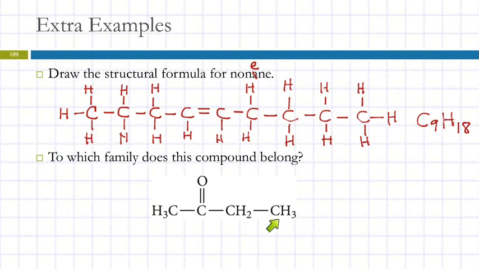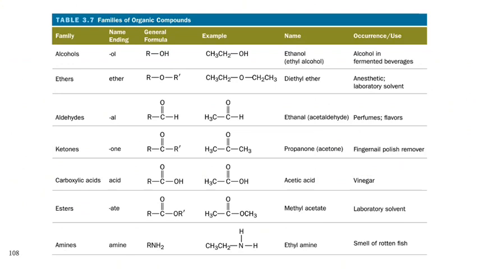Questions that could come up on homework and stuff, things like this. To which family does this compound belong? Wouldn't ask you that on a test. So this is the functional group right here. We've got a carbon double bonded to oxygen, and then this carbon is attached to carbons on each side. So we would go look at the table, and there's 4 of them here in the middle with the carbon-oxygen double bond.